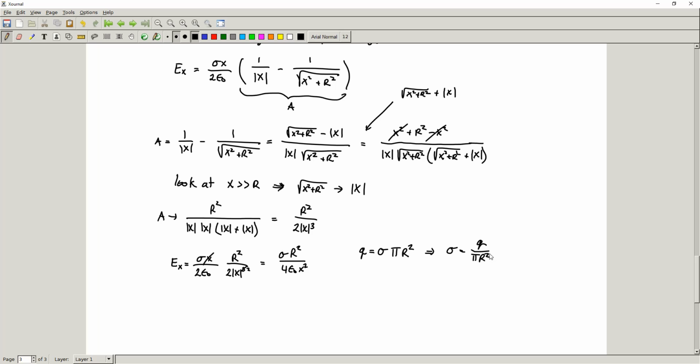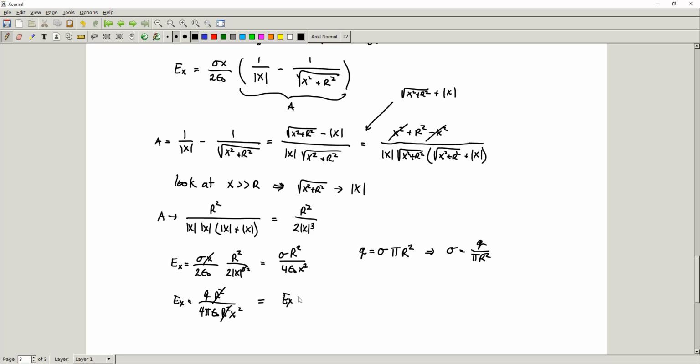If we make that substitution, we're going to find that Ex is equal to q r squared over 4, and I'm going to move the pi and the r squared downstairs, so we're going to have pi, I'll keep an epsilon naught in between, r squared, x squared, right? These r's are going to cancel, and we're going to end up with an expression that looks like this.